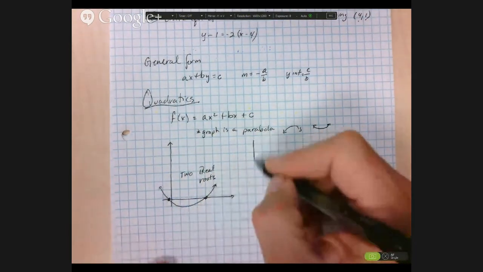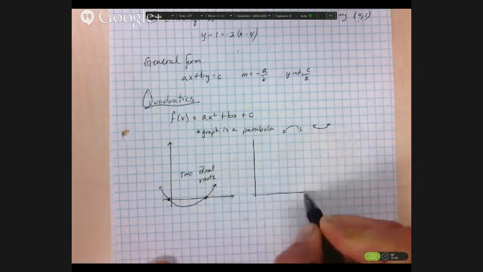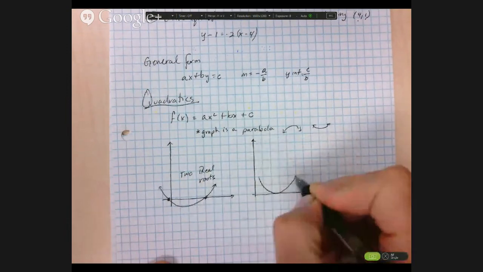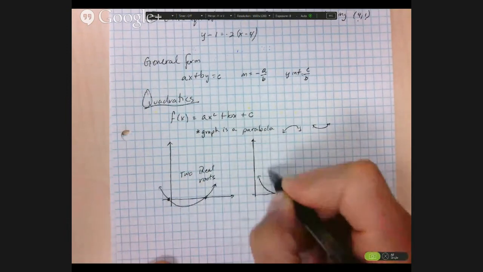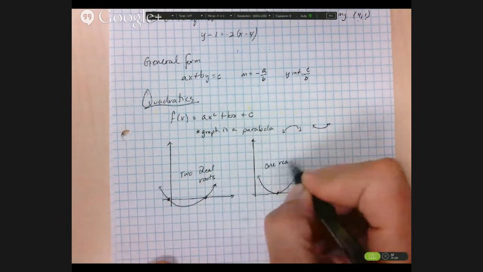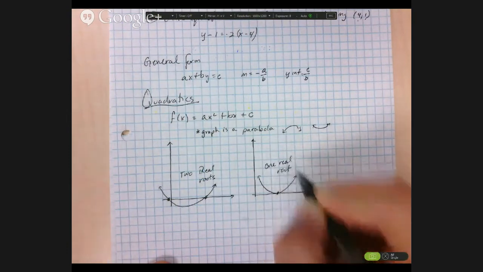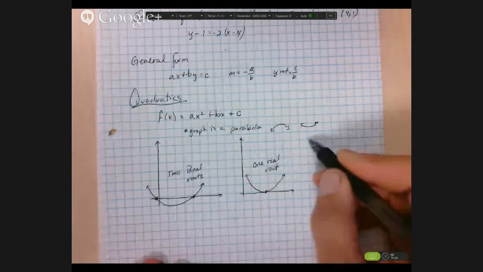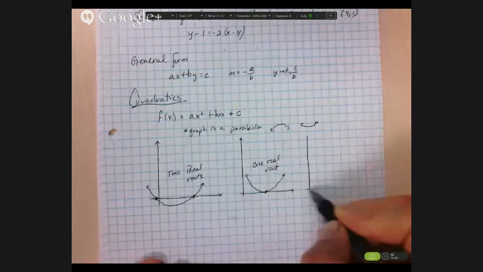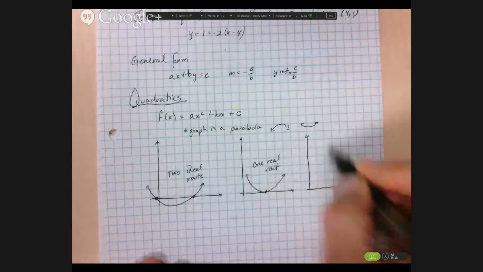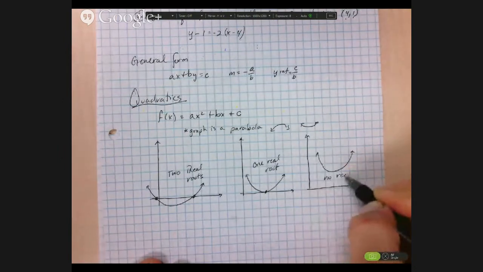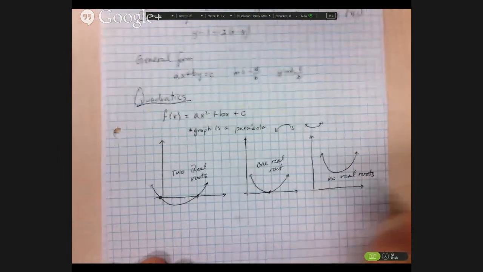It can have one real root, or it can have no real roots.